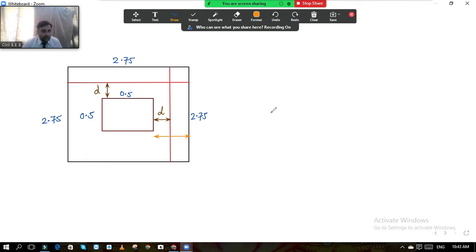Okay, they are lying on the same point. Can you calculate this much of distance which I have shown in yellow? Can you tell me that distance? Think on it. How to calculate that? Can you tell me?